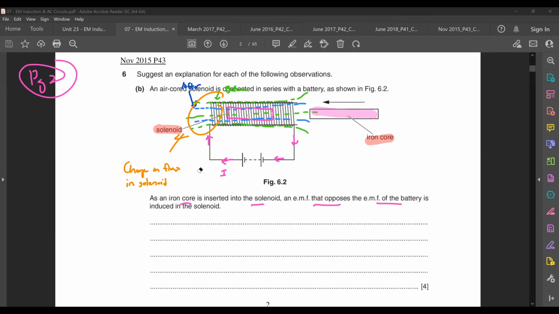So, maybe I shouldn't draw it here. Let me just shift the diagram a little. Once you insert your iron core, you're going to have change in flux linkage of the solenoid.